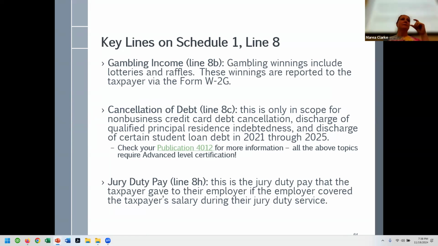The 4012 is a beast for a reason, right? Because it does have more information about all of those types of income. So if you ever have a question about that, in the tax clinic, we're always going to have those available in person or electronically. Look back to that as your first source. If you don't see what you want to find there, go to irs.gov and type the type of income or form in. There'll be information about that there as well.